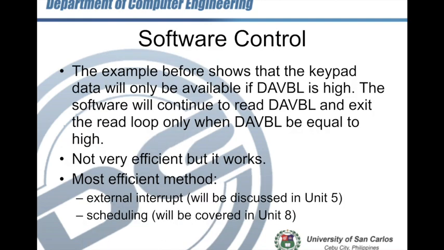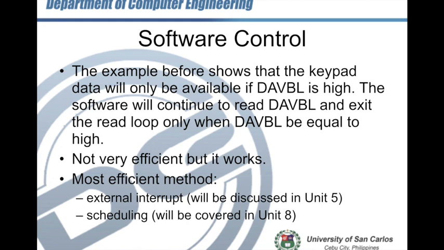Okay, now the software control in the previous slide shows that the keypad data will only be available if the DAVBL is high. So the software will continue to read the DAVBL and only exit the loop when the DAVBL is high. Now the worst case scenario is, what if nobody presses the keypad?